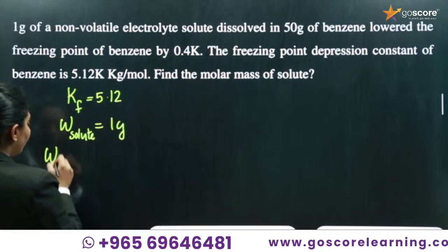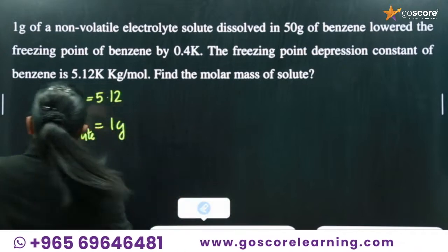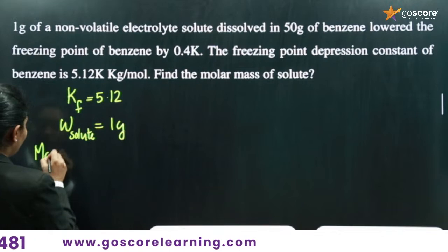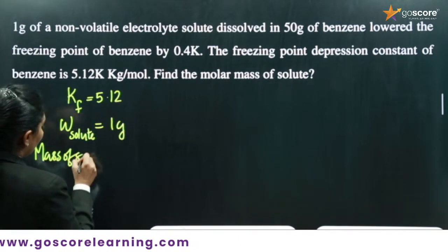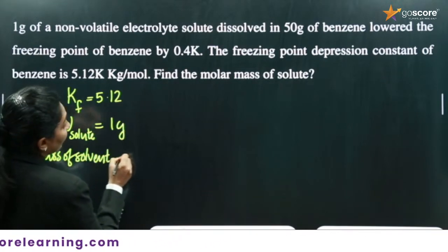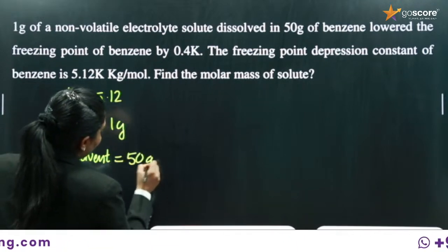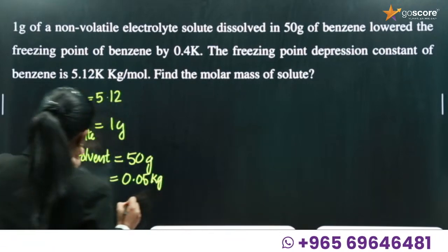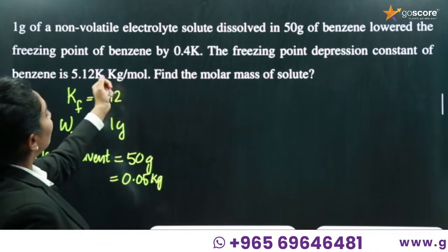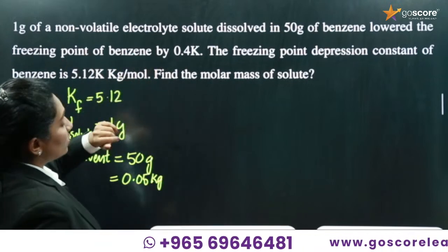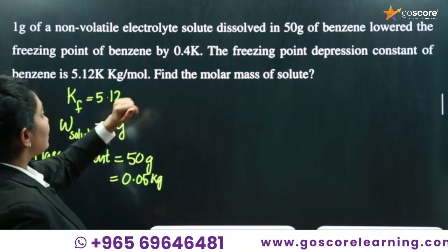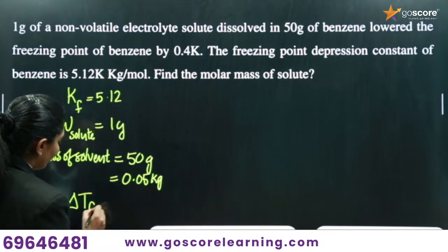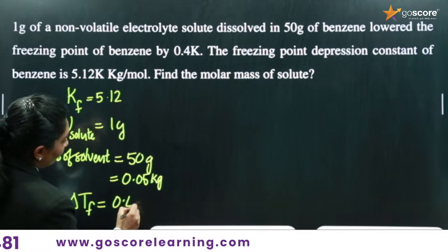So the mass of solvent is 50 gram, nothing but 0.05 kilogram, right? When you add this solute, the freezing point of benzene is lowered by 0.4 Kelvin, that is delta TF, given as 0.4 Kelvin.